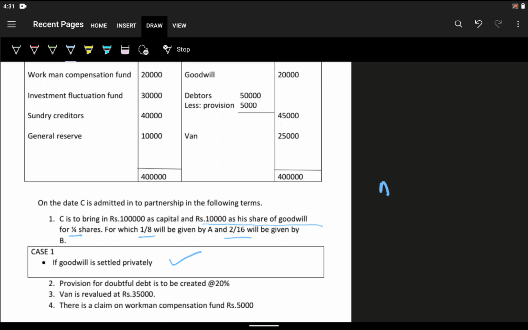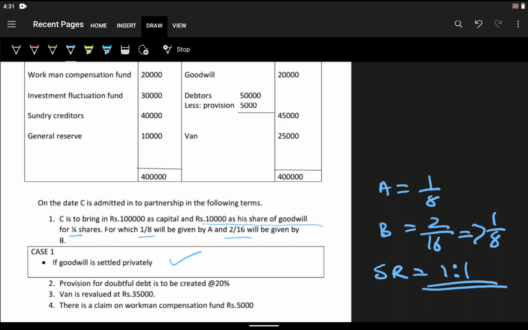So A will give 1 by 8 and B will give 2 by 16. 2 by 16 means what? It's equal to 1 by 8.